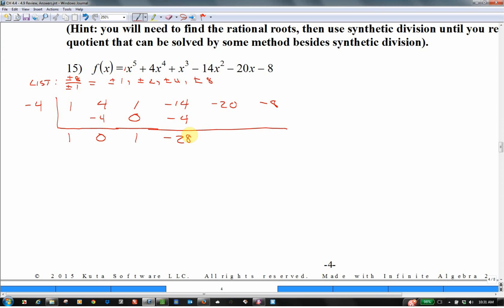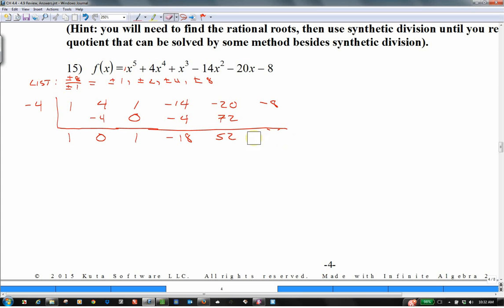Negative 18 times a negative 4. Obviously, it's not going to give me a 0 here. So that wouldn't work. So let's pick a different one.